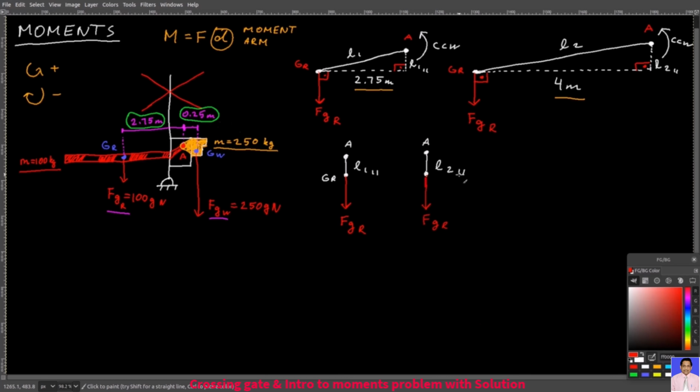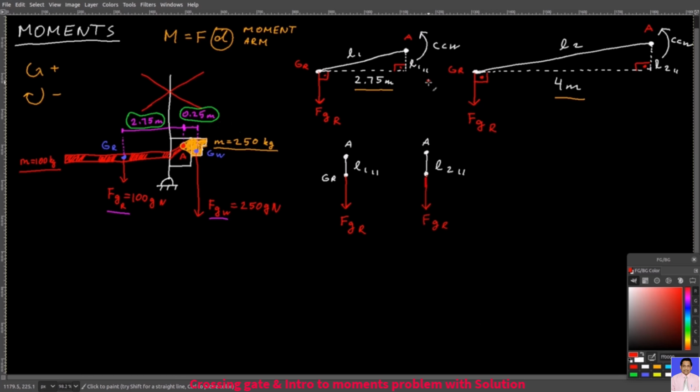You need perpendicular distance for that. Therefore, in the moment equation, M equals F times D, this D is the perpendicular distance between this force and point A. Here it's 2.75 meters and here it's 4 meters, because it's the only one that matters in creating rotation about point A.